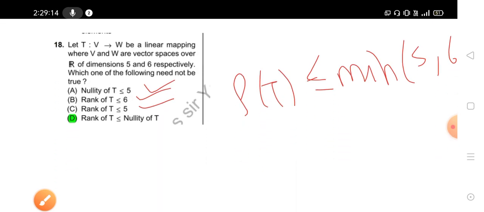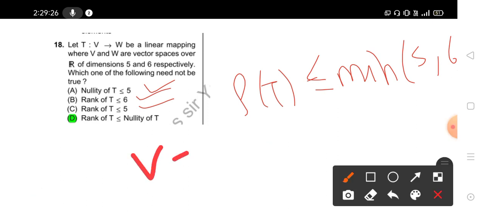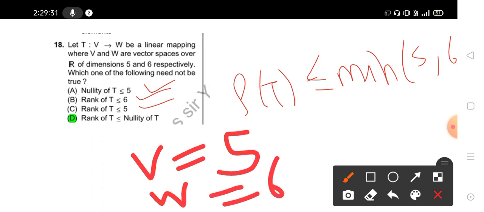Next question. Let T from V to W be a linear mapping where V and W are vector spaces over R of dimension 5 and 6 respectively. Here dimension of V equal to 5, dimension of W equal to 6. Which of the following need not be true? Here if I take rank of T as 5, this is also possible. Option C, this is also possible. 5 is less than or equal to 6, this is also correct.